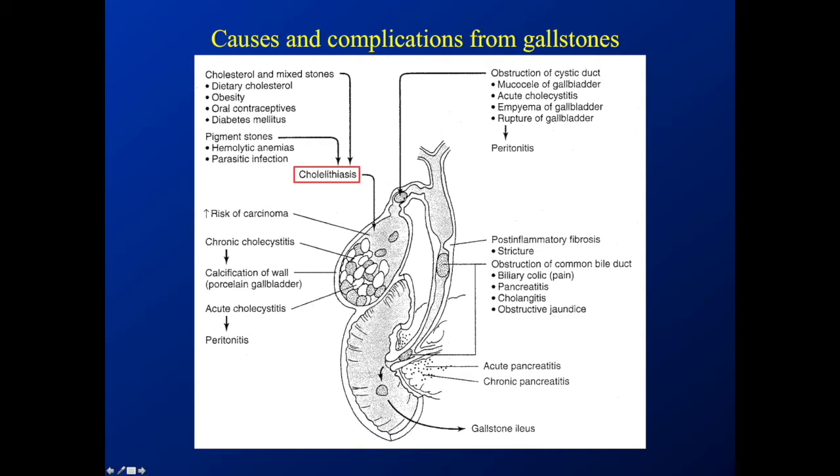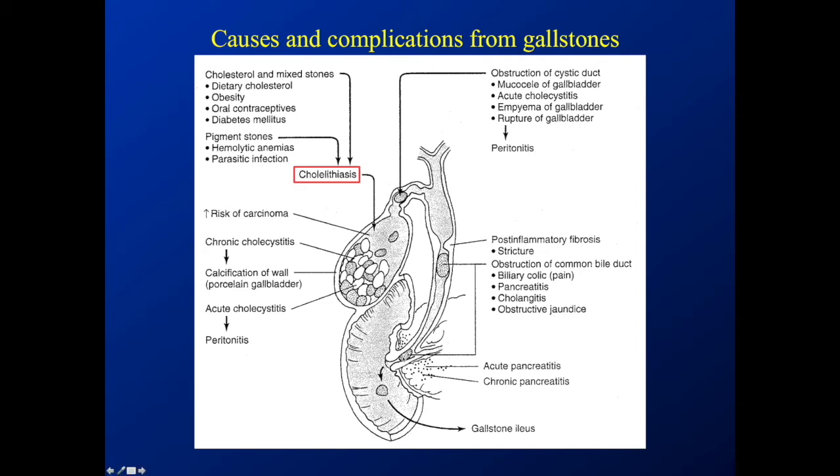This can also occur if the duct leaving the gallbladder is blocked. The gallbladder can rupture and cause problems with inflammation of the peritoneal cavity. You can also get blockage down the common bile duct, and this can result in pain, pancreatitis, and obstructive jaundice.